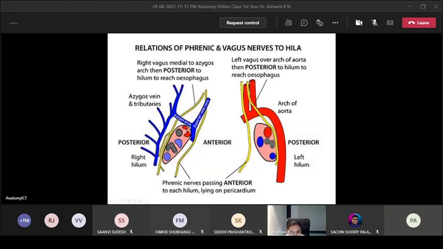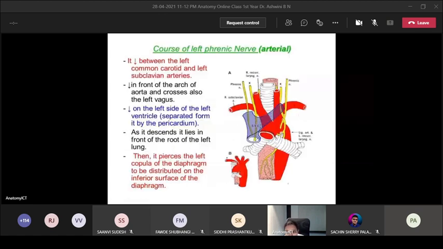This is the right side. So here we can see the relation with the superior vena cava, and this is the relation between the branches of the arch of aorta. It crosses in front of the arch of aorta, then descends down by the side of the heart.